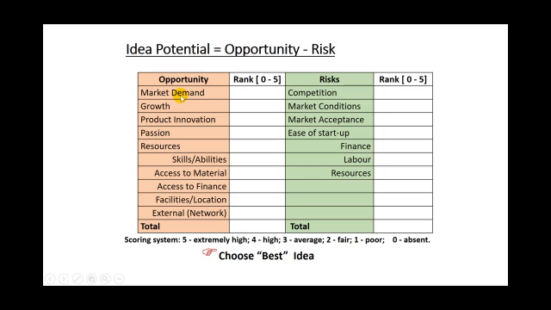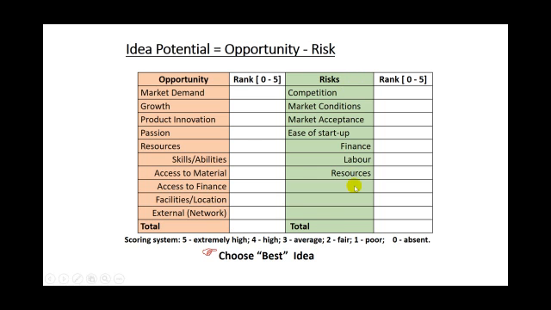So for example, if the market demand you feel based on your group interaction and discussion would be extremely high, you would put the number 5. If however, in terms of the resources, you think that access to the resources right now is not so easy to come along, then maybe you would put 1 for poor or even 2 for fair. So in other words, I want you to rank the opportunity given the scoring system.